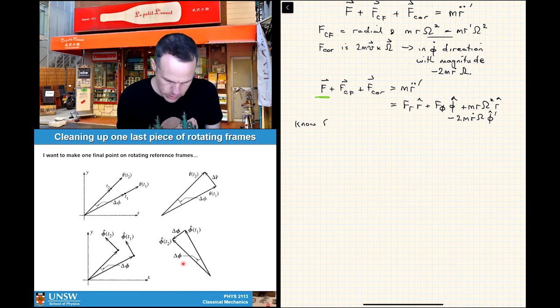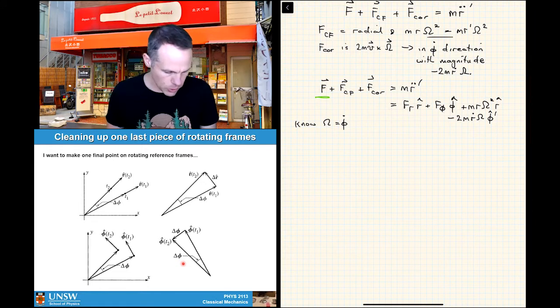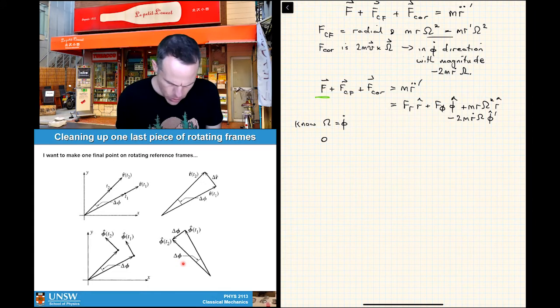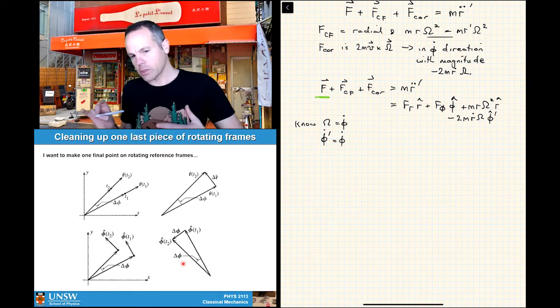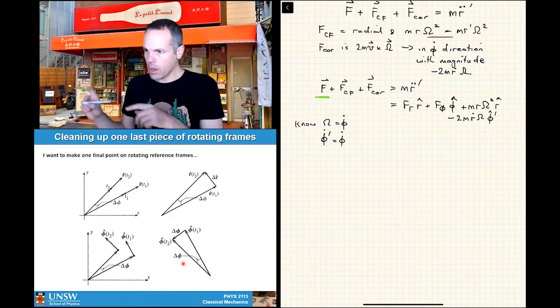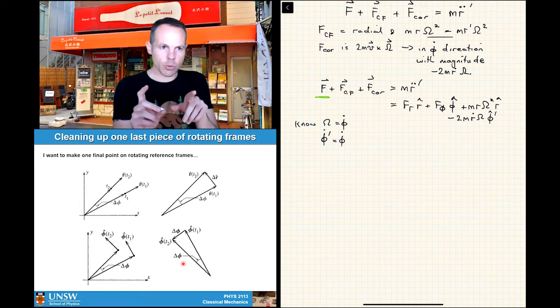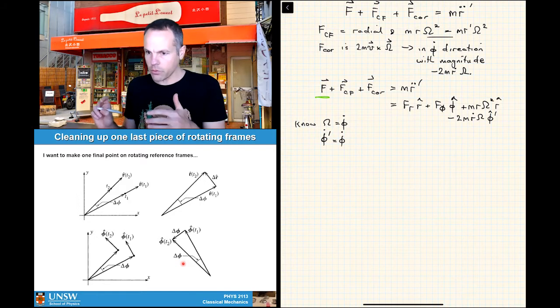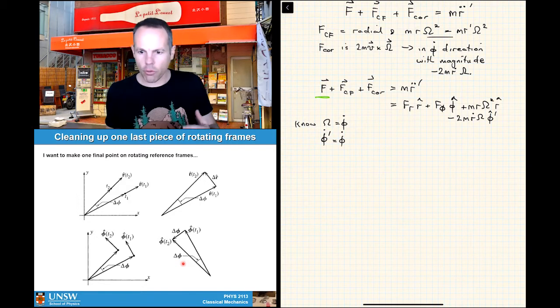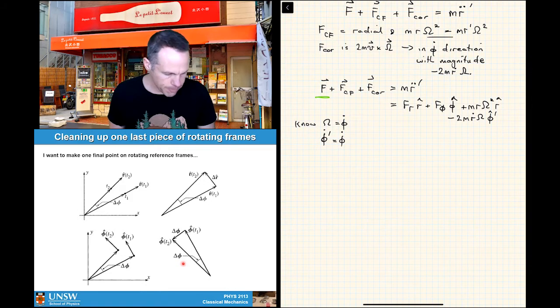And we know in here two things. We know that omega is equal to phi dot dash straight up, so we can collapse those two terms together. And we know that phi dot dash is going to be equal to phi dot, okay? In other words, because we've got a co-rotating reference frame, the speed that we would see the particle rotating from our inertial frame will be the same as the velocity of rotation of that co-rotating frame, okay?